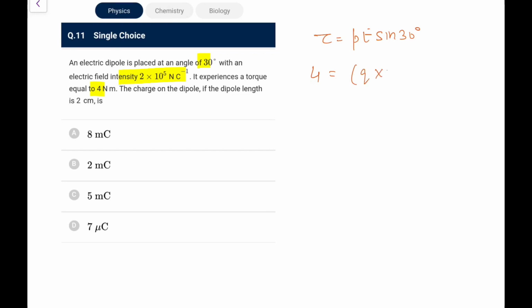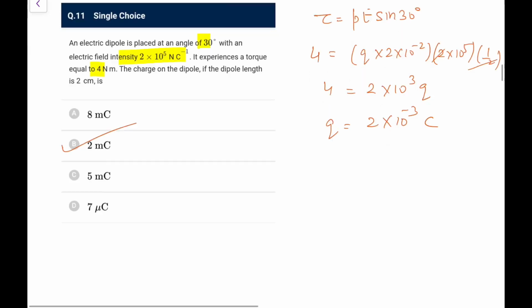So Q into D, where D is 2 into 10 to the power minus 2, E is 2 into 10 to the power 5, and sine 30 is 1 by 2. So this is 2 into 10 to the power 3 times Q is 4. So Q comes out as 2 into 10 to the power minus 3 coulombs. So it is 2 millicoulomb as per me, so it should be B option.